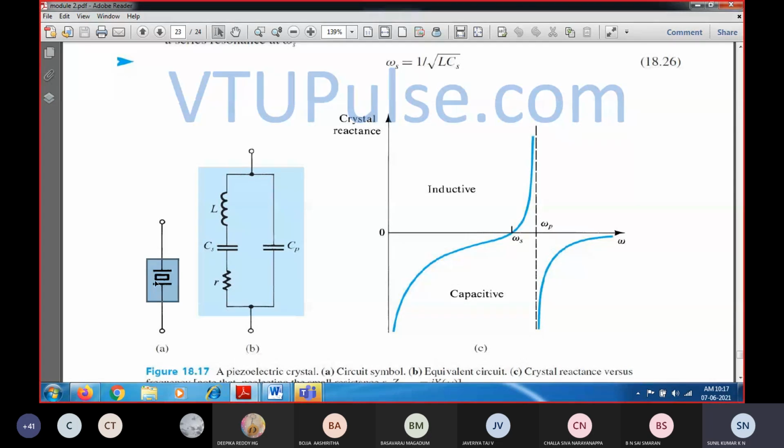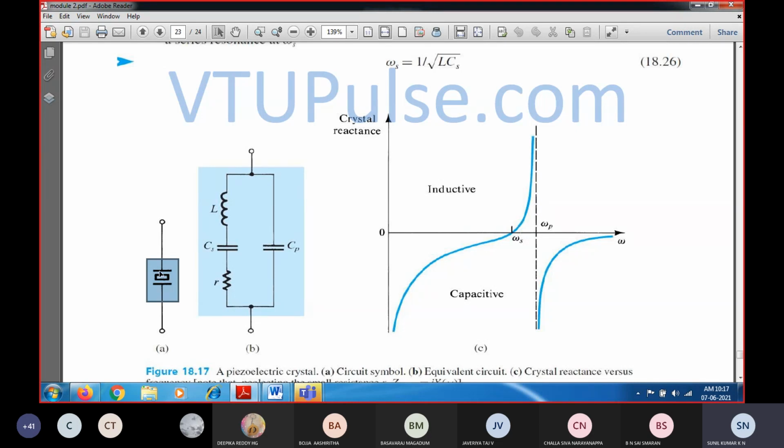Whenever you see this symbol, with a rectangle in the center, that is considered as a crystal. It can be made up of any material like tourmaline or Rochelle salt, or any quartz type of crystal, kept inside two electrodes.